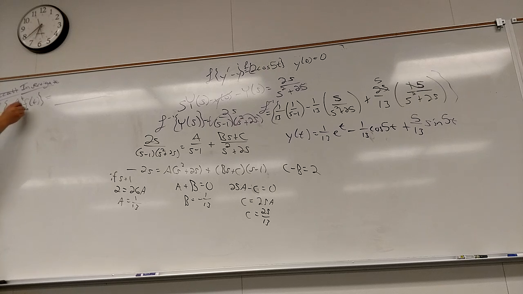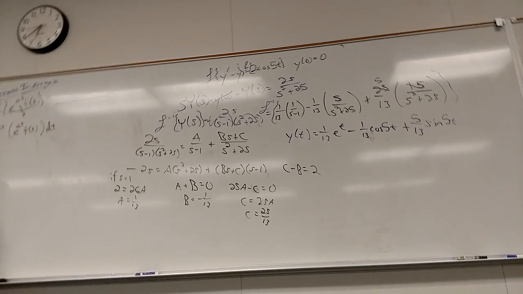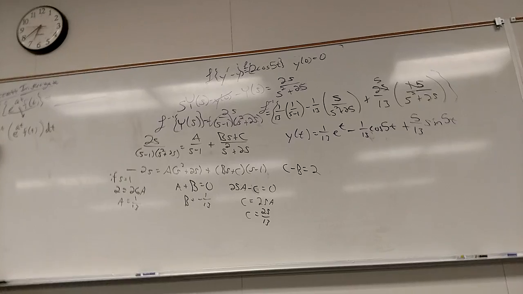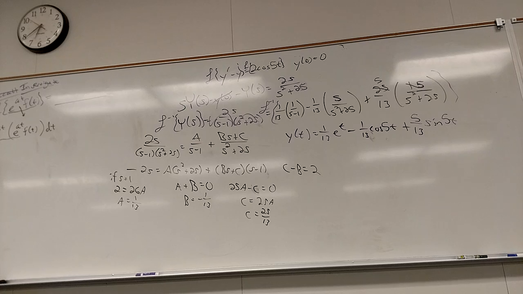So this is now a function I'm putting in, right? So what's the kernel of the Laplace transform? E to the negative st is there, waiting, and the thing that I'm transforming is this.